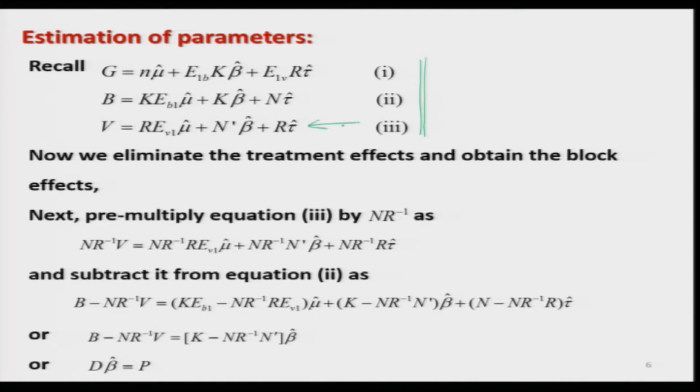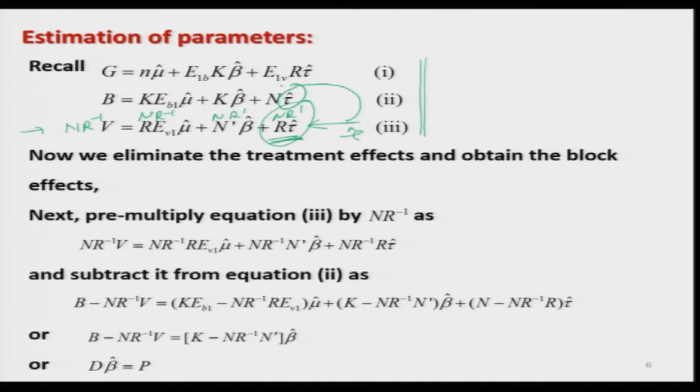In equation number 3, you pre-multiply both sides by NR⁻¹. Then the last term becomes simply τ hat, so we can obtain τ hat from here, and this τ hat can be replaced here.